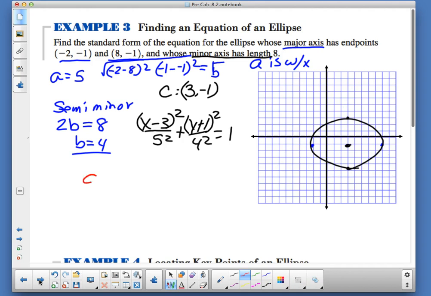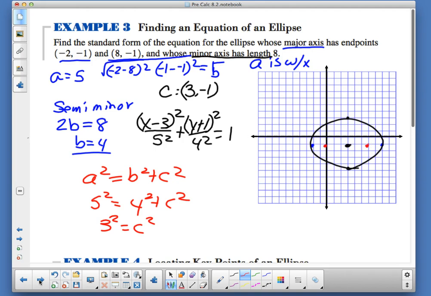The foci: a squared is equal to b squared plus c squared, where a is 5, b is 4, and all of a sudden you see 3, don't you? Because it's the Pythagorean triple, I'm hoping. So c squared is 9, so 3 squared is equal to c squared, so c is 3. So here is 1, 2, 3, 1, 2, 3.